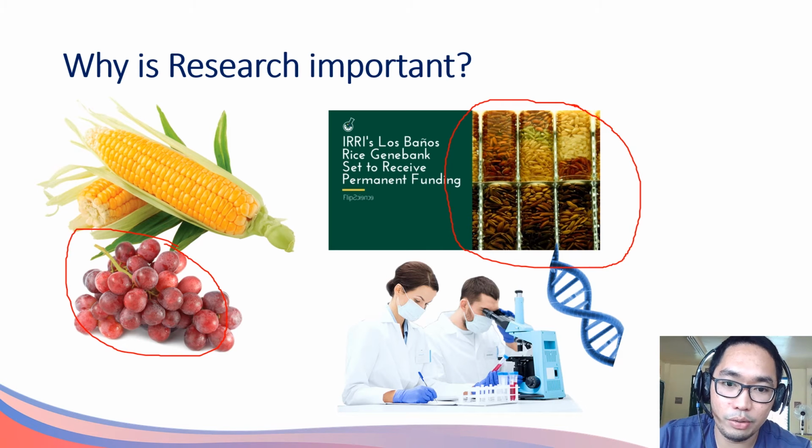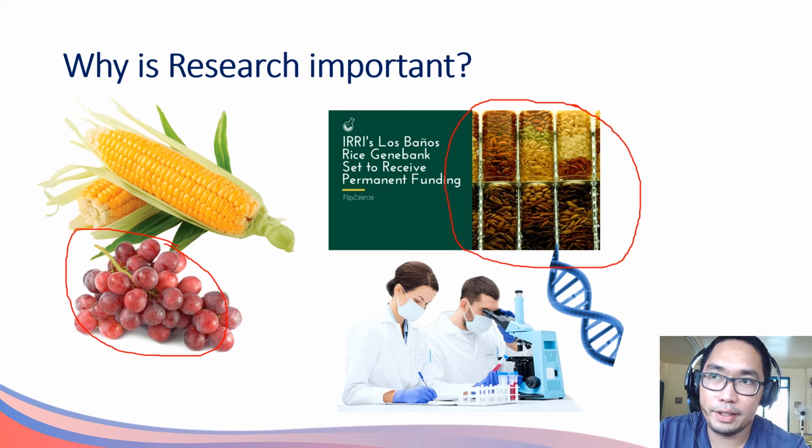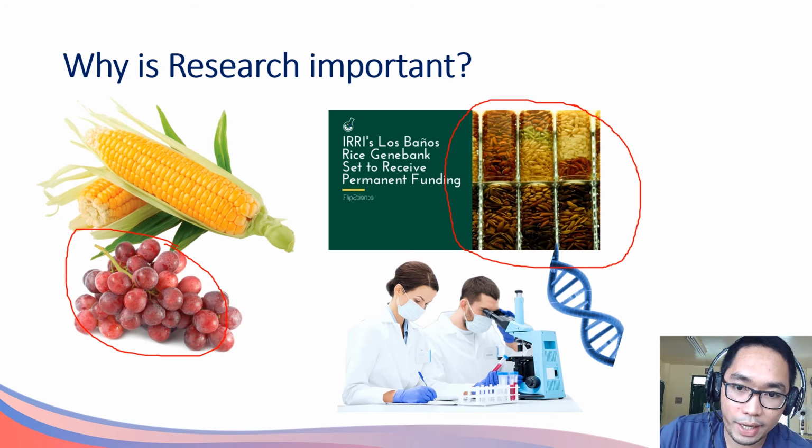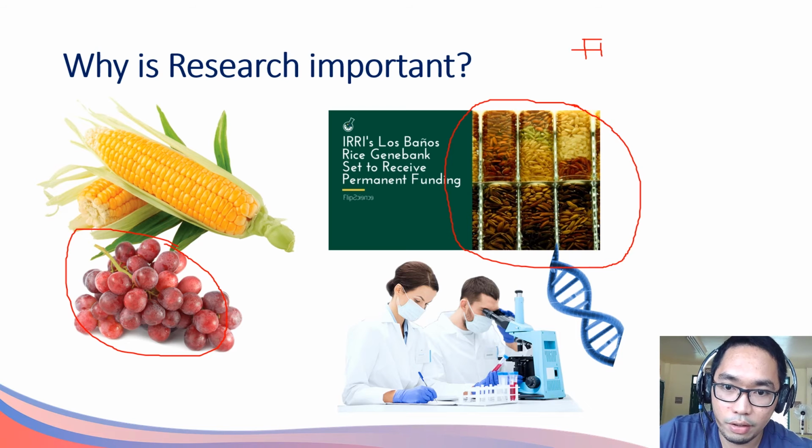In fact, meron tayong gene bank ng rice kung saan natin nilalagay yung mga iba't ibang genes ng rice like meron tayong brown rice, black rice, red rice, etc. So again, research is very important kasi we are modifying something, like the genes, the genetic sequence to provide better foods, to provide a sustainable source of food, like meron na tayong mga rice ngayon na flood resistant, no? So, flood resistant and as well as pest resistant na rin.